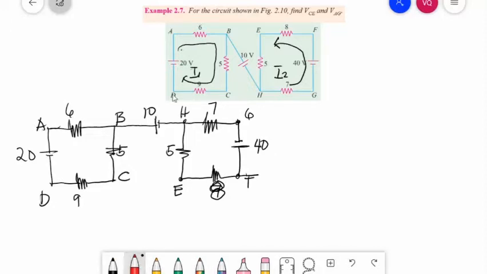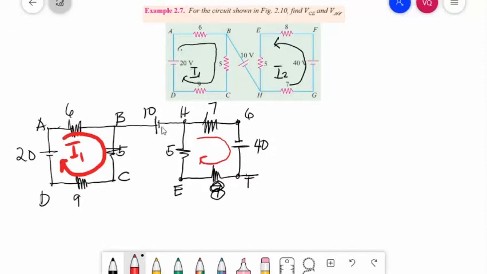Now we will set the direction of currents. From here, ABCD will have a clockwise direction, since the current goes from negative to positive. We name this I1. This one, from negative to positive, is also clockwise.